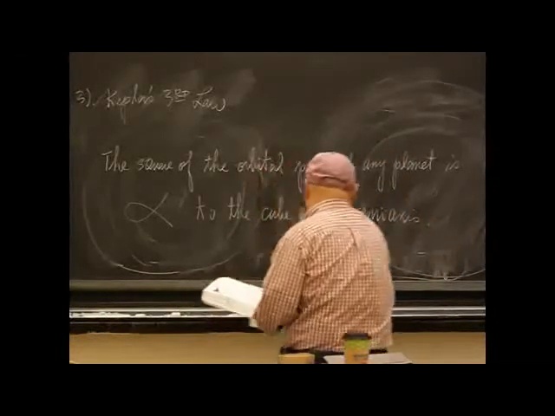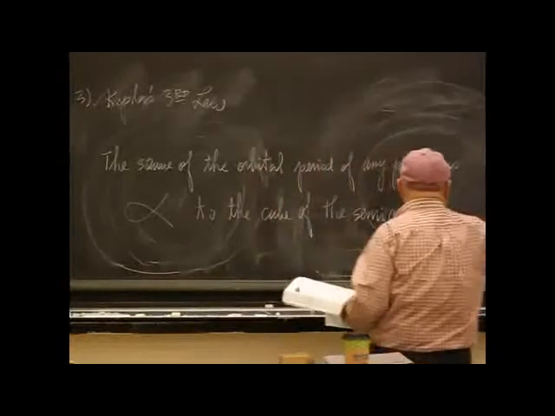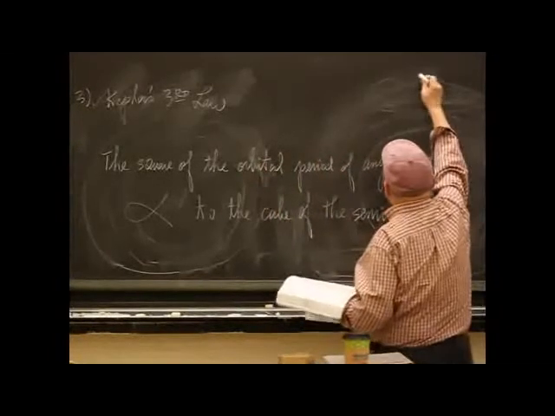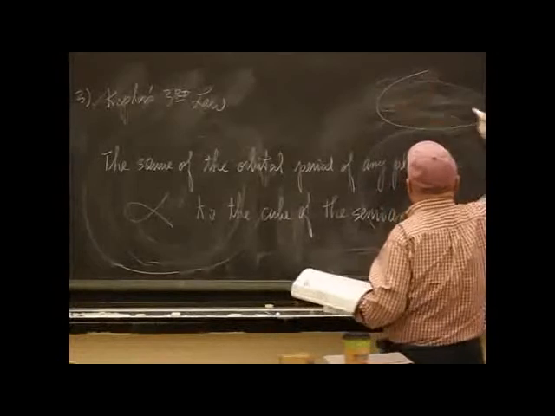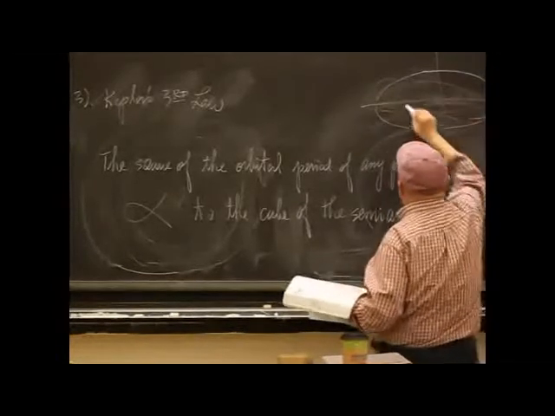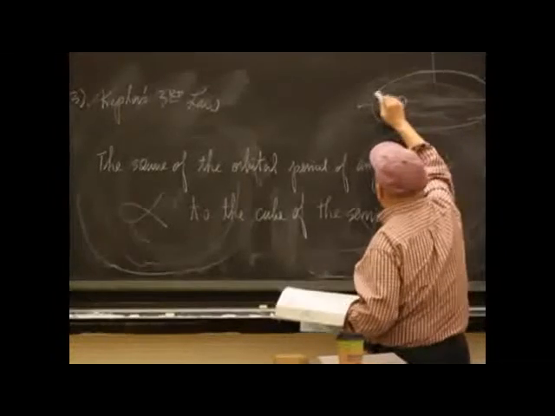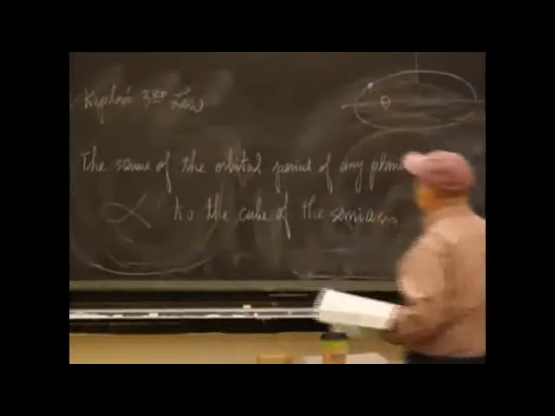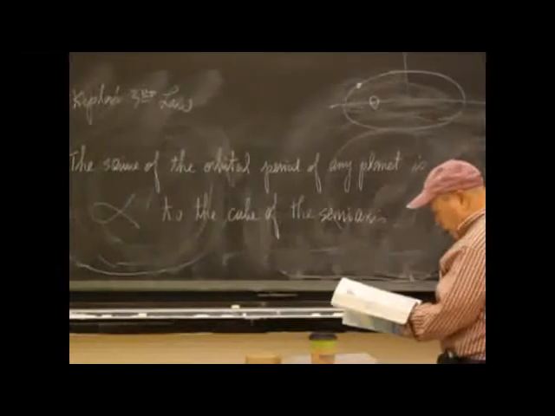So we like to write it in a formula way. This is the elliptical orbit, the sun is in here, and the Earth is here. What does it mean?